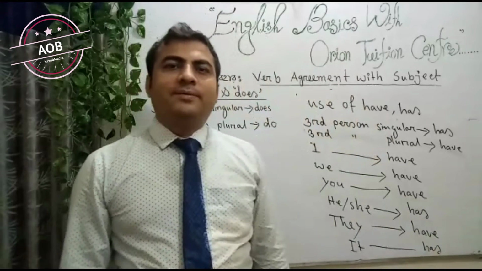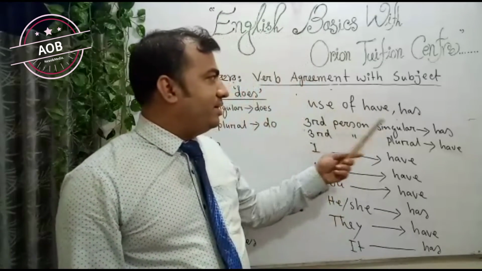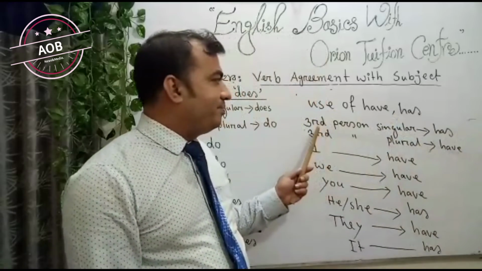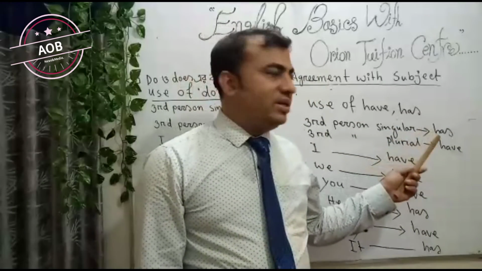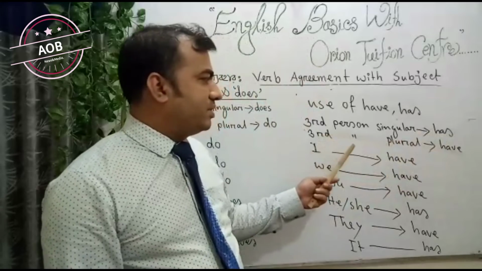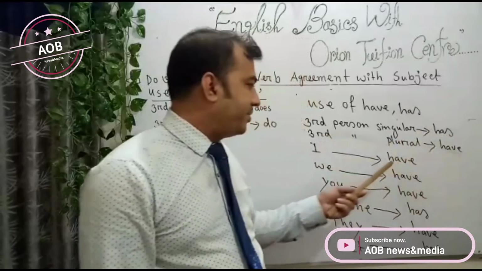The learners, I hope you understand well about the use of have or has. So look at the board once again. If the subject is third person singular, we will use has. If the subject is third person plural, we will use have.